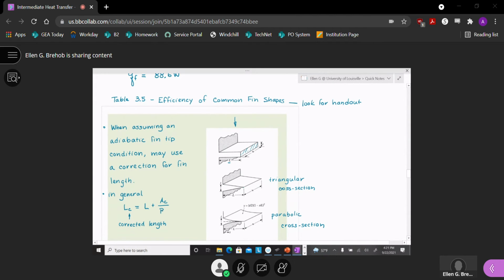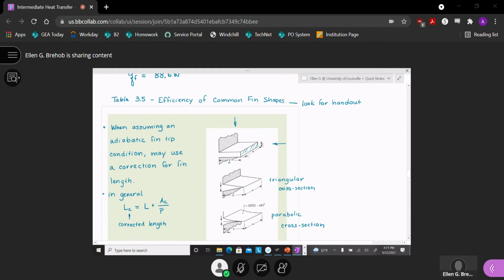Okay. And again, we don't use a corrected length for a triangular or parabolic, but a fin that has surface area at the tip, we could use this corrected length. And let's do an example.